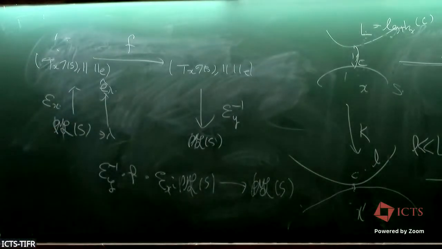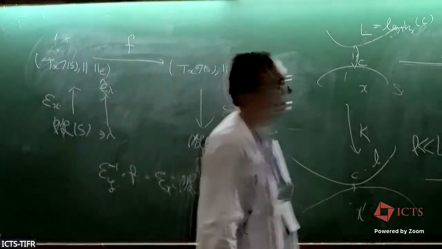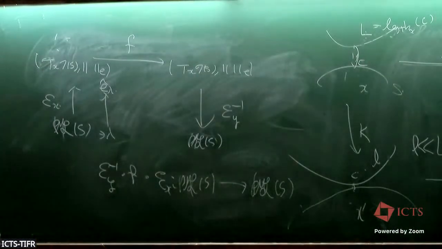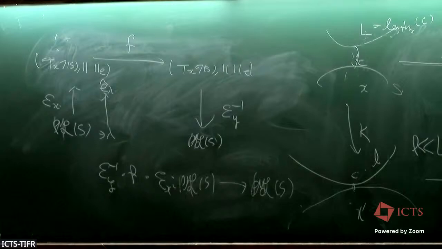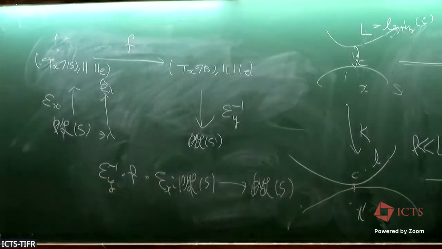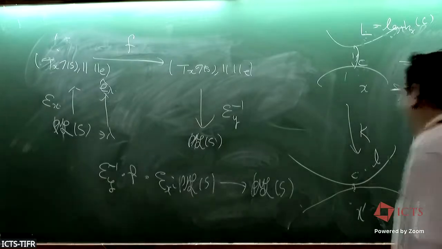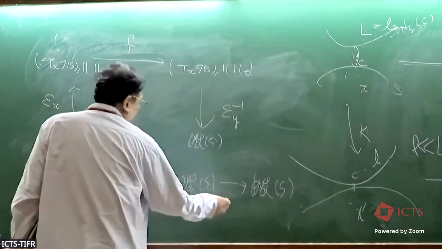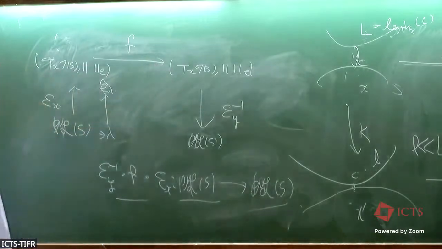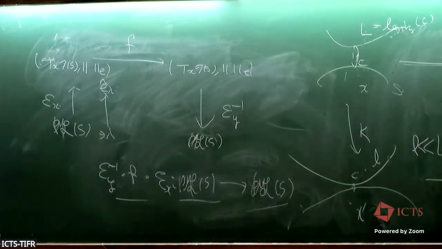And there's one property we have: it preserves the nullity of the intersection number. If two measured laminations have 0 intersection number, then their images have the same property. So we have a homeomorphism from projective lamination space to projective lamination space with this property.